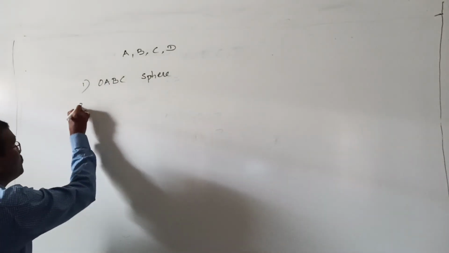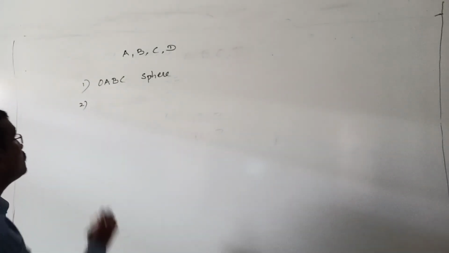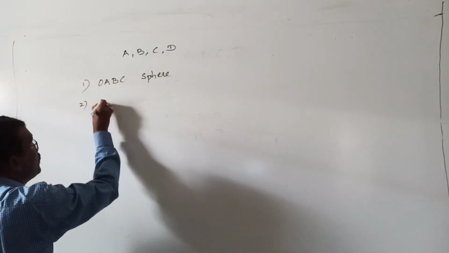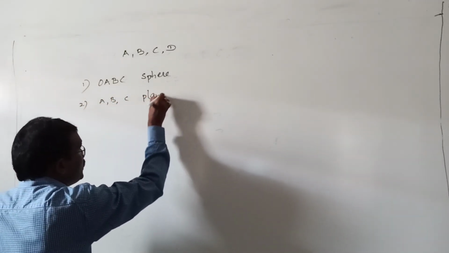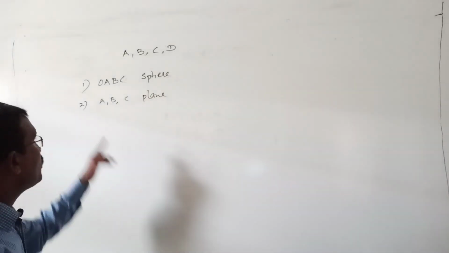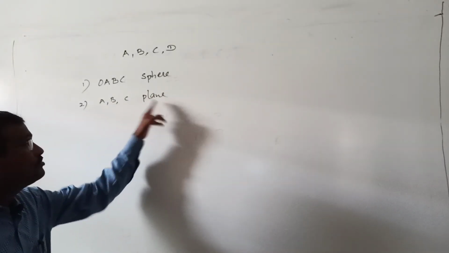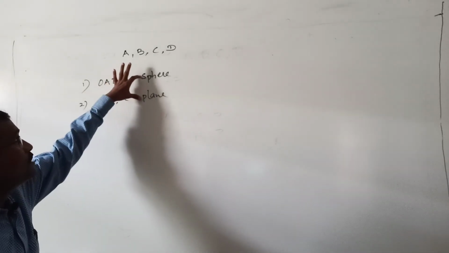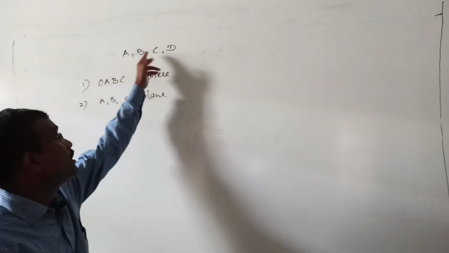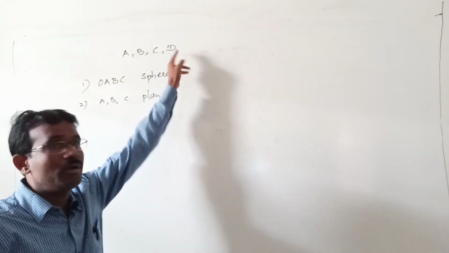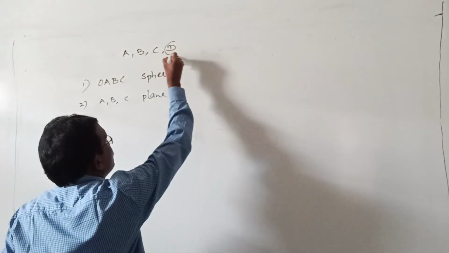And then in step number 2, let us prepare a plane passing through the points A, B, C. This is your plane equation. The combination of this sphere and plane gives a circle. Here, to check whether your given 4 points are concyclic or not, we are not yet using this D point.